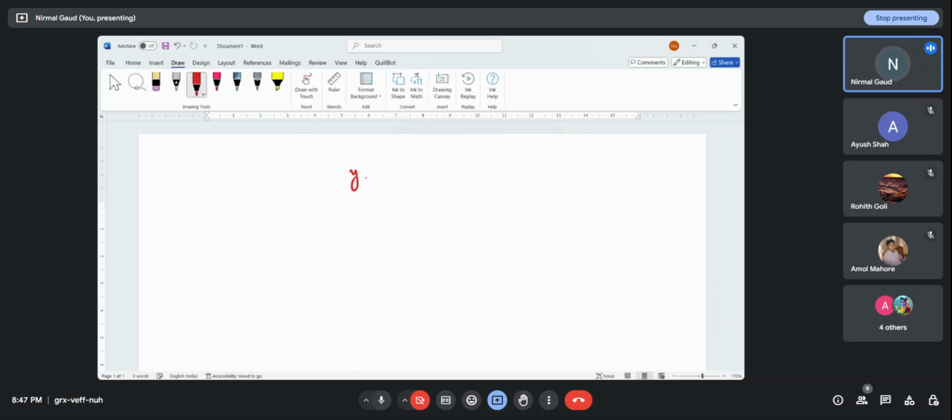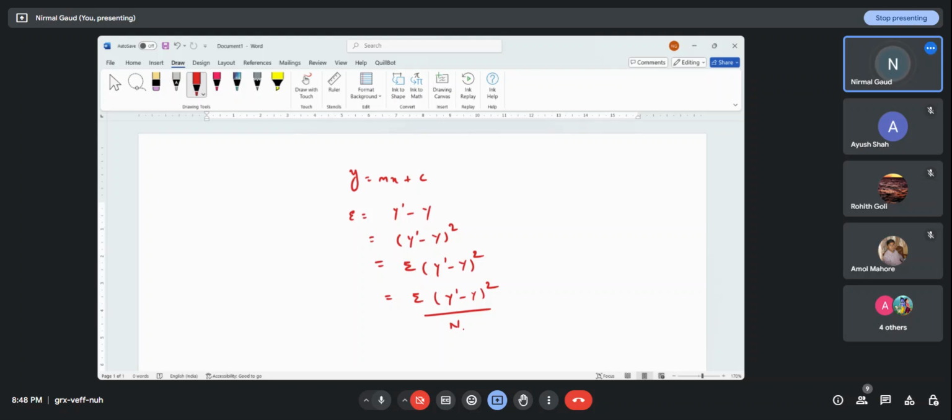y equal to mx plus c is your linear equation, and the error is given as y dash minus y. Then we did square of it, then we took summation of it, then we divided it with the total number of samples.